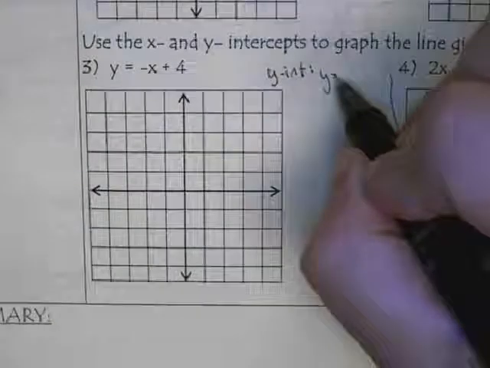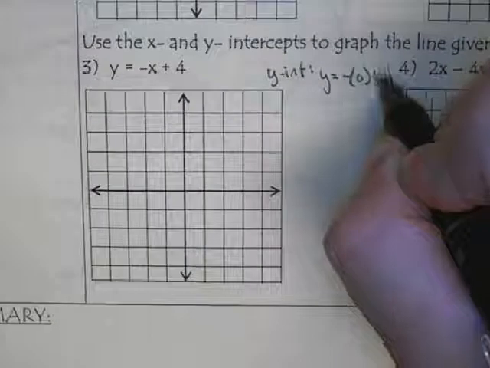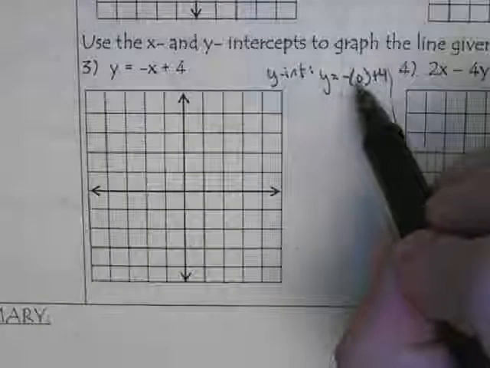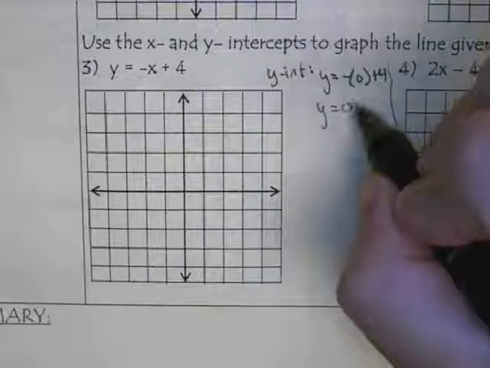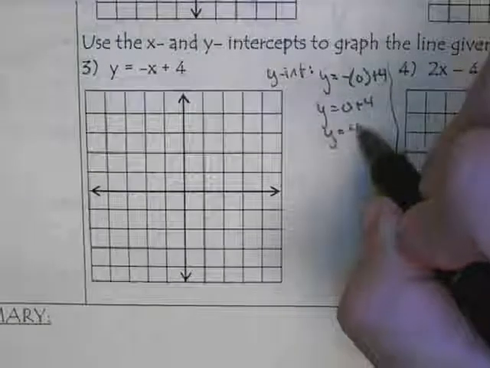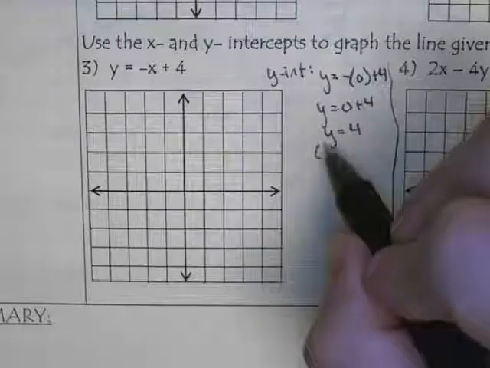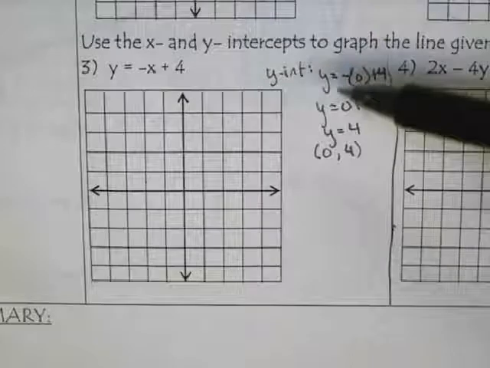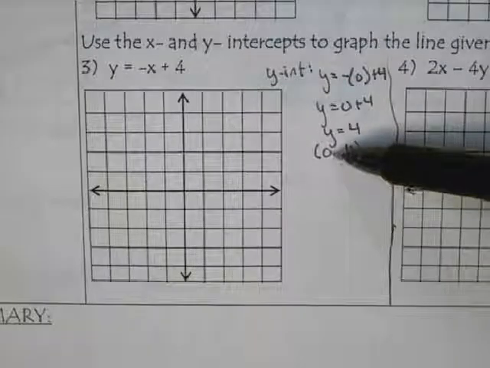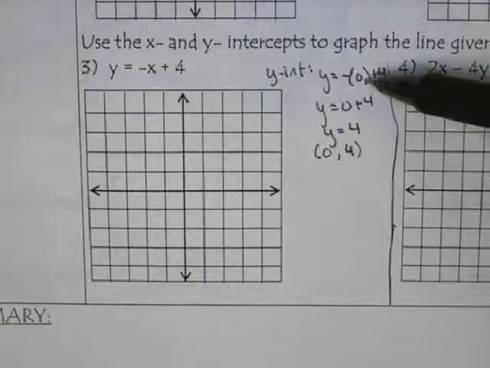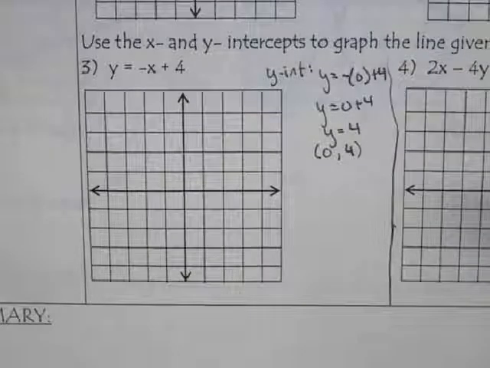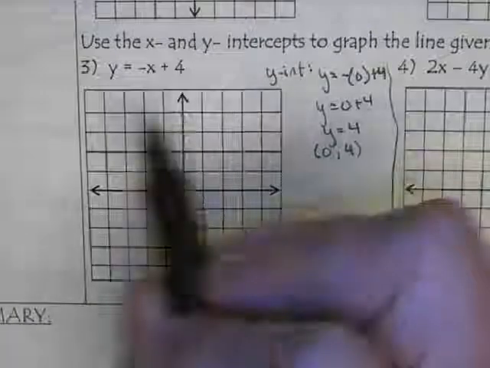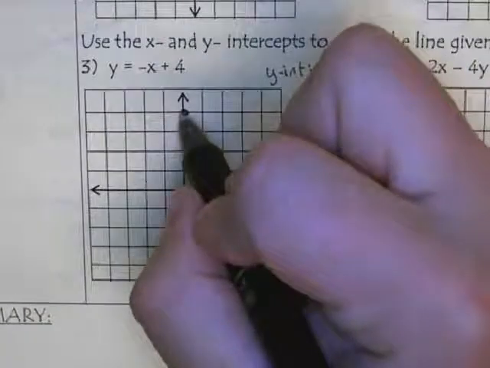So I have y equals negative 0 plus 4. Well, this is really negative 1 times 0, so that's just 0. So I have y equals 0 plus 4. So I have y equals 4. So I get the point 0, 4. I got the x is 0 from the idea that I'm plugging x equals 0 in. So I can go to 0 and go up 4. 1, 2, 3, 4. And I plot my point.